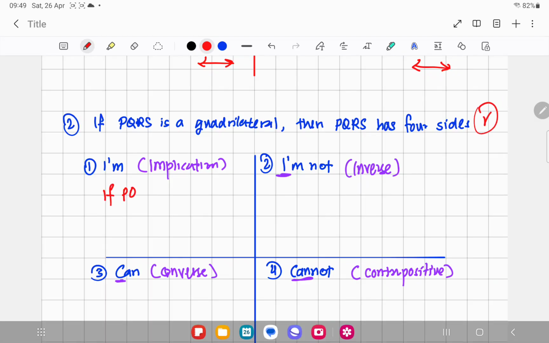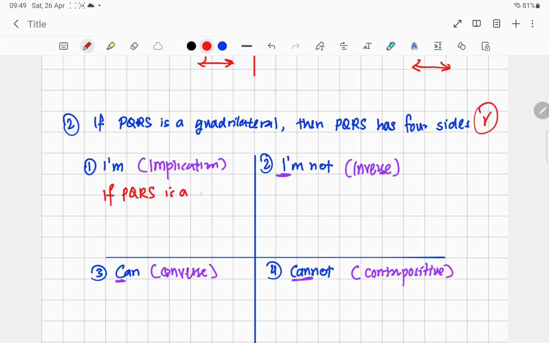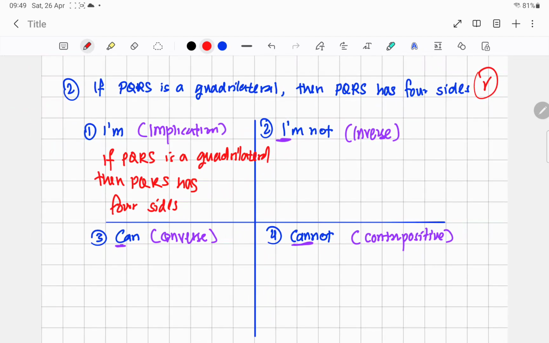So what is your implication here? The implication is the statement given. So if PQRS is a quadrilateral, then PQRS has 4 sides. This is the first step, the implication. Then the inverse is the not, right? You need to negate.